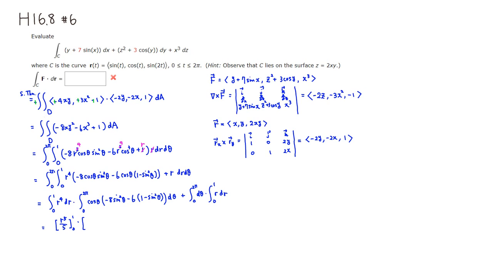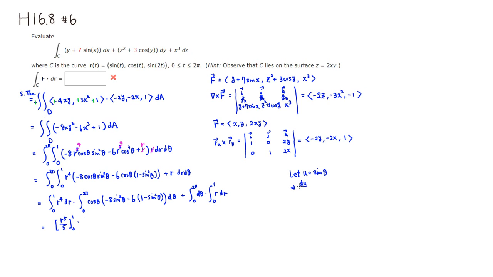Maybe let's go ahead and use this substitution, so it's probably better. So here, I'm going to let u equal sine of theta.